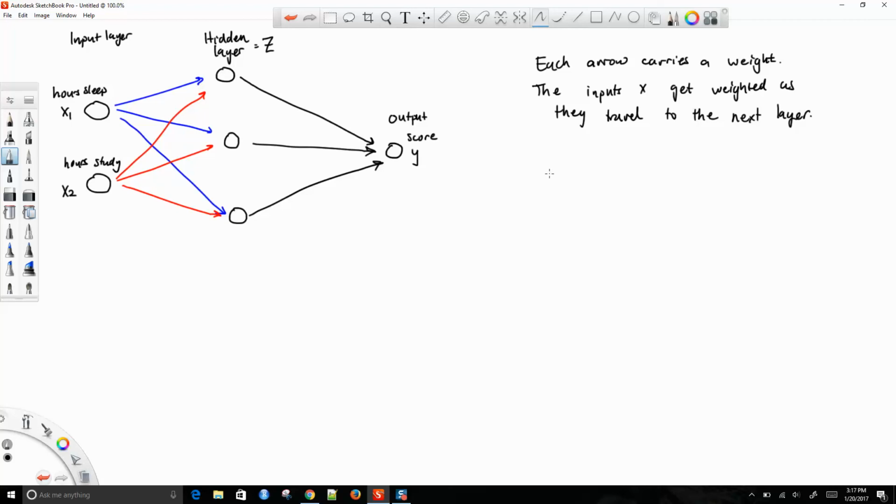All right, and then at the hidden layer, we apply a function to our inputs that produces another value.